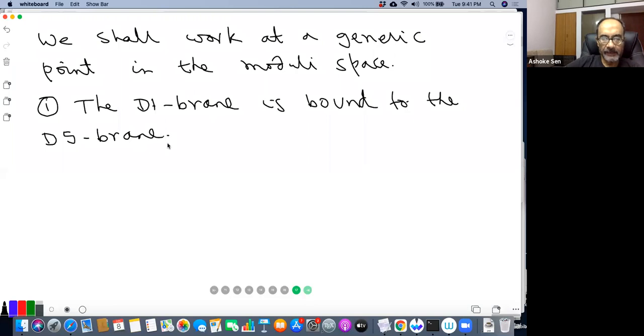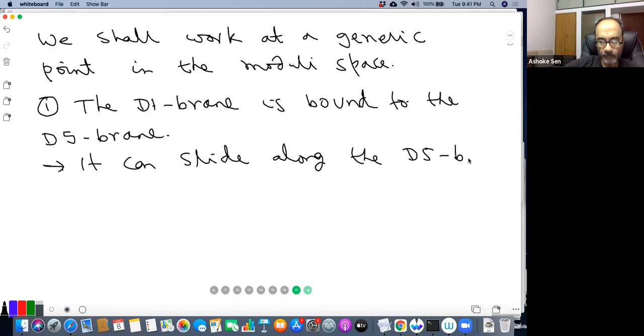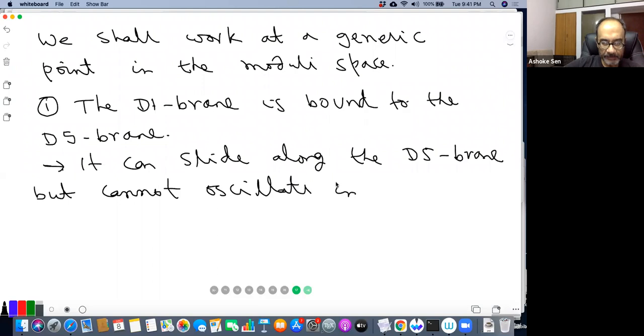You can think of it as if the D1 brane is stuck to the D5 brane, which means that it can slide along the D5 brane, but cannot oscillate in the transverse direction.